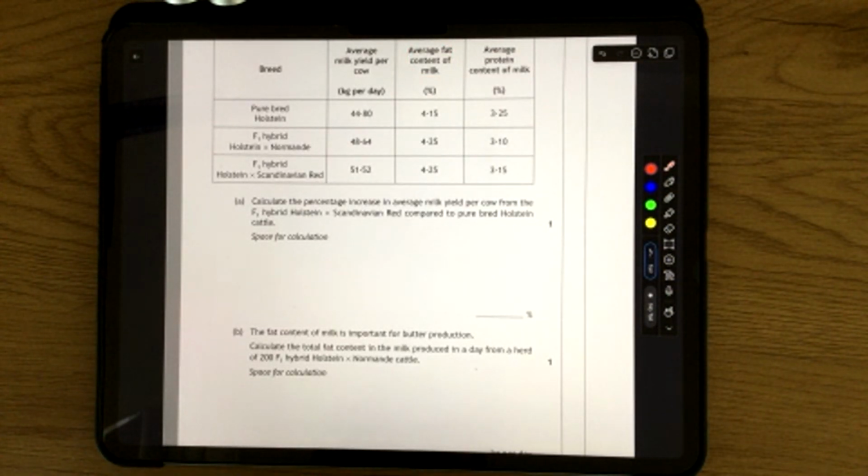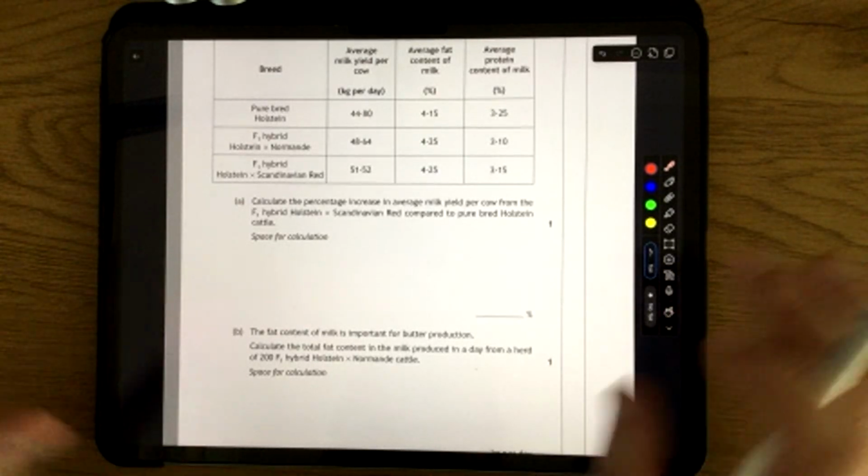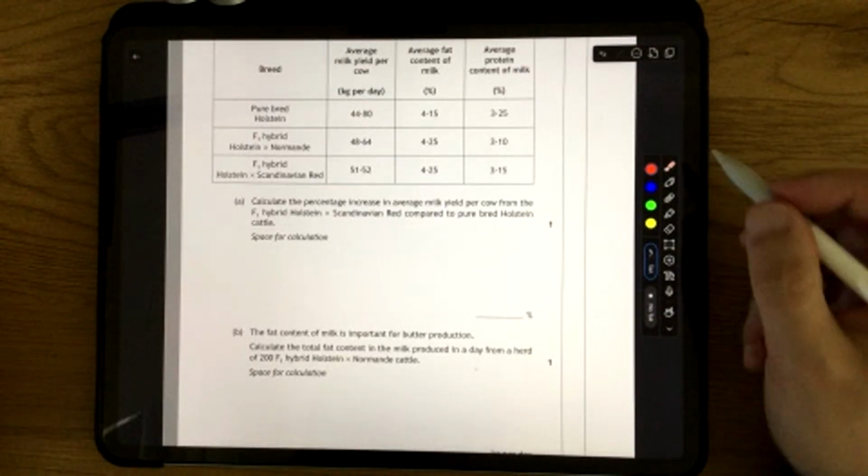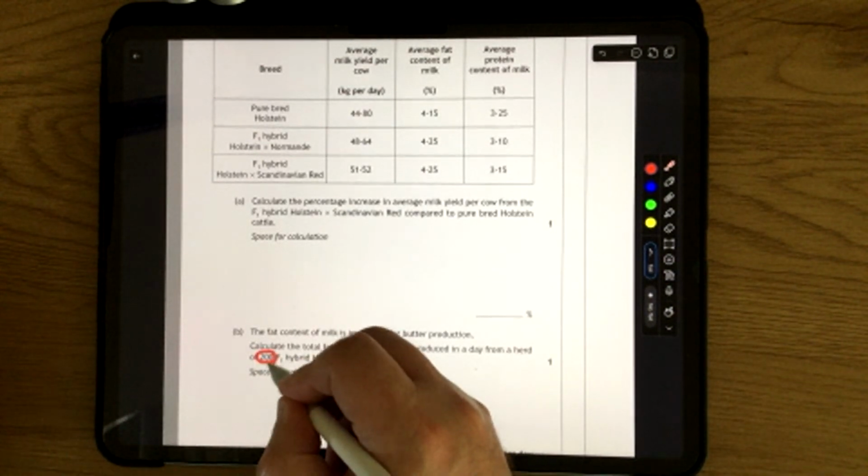So what they're asking you is, calculate the total fat content in the milk produced in a day from a herd of 200 F1 hybrid Holstein times Normandy cattle. Right. So a thing that might go amiss here is that from the table, you will get all the information you need, but you've got to remember that in this case, we're dealing with 200 cattle.